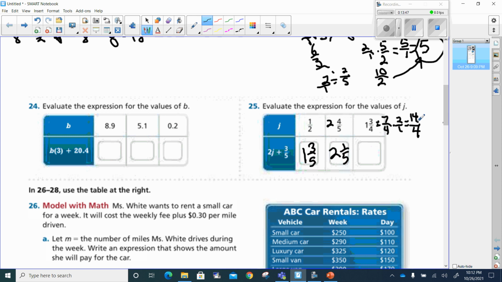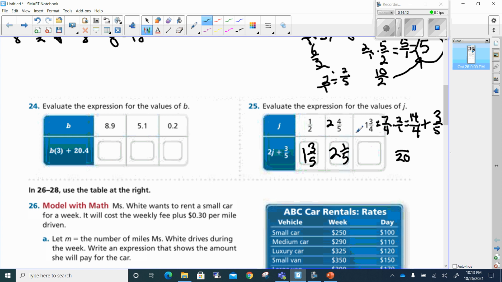Now I'm going to leave it in this form because I see I'm adding it to 3 over 5. And I've got to get a common denominator, and that common denominator is going to be 20. So I have to multiply 4 times 5 to get to 20. That means I have to multiply 14 times 5 as well.